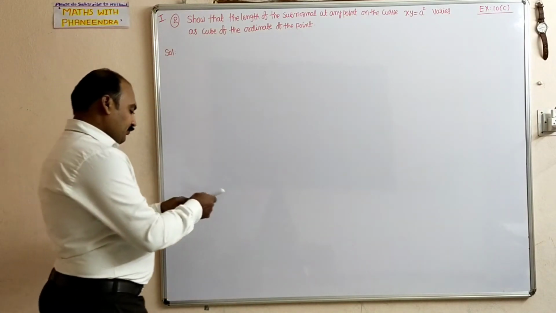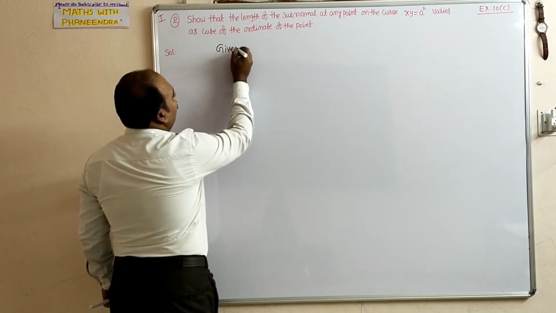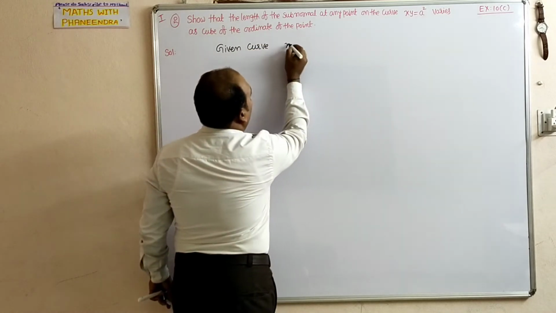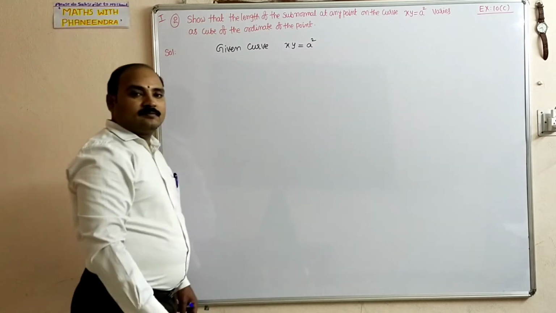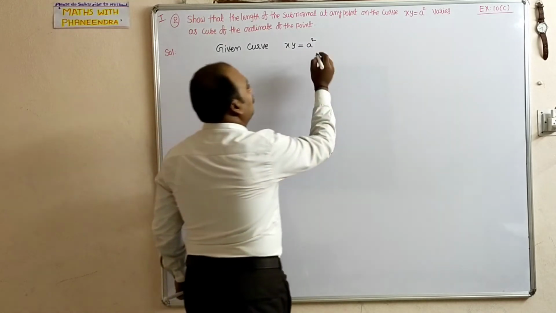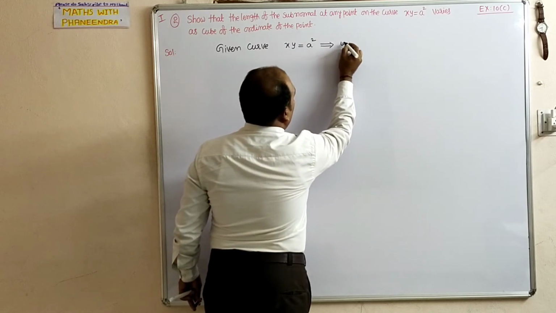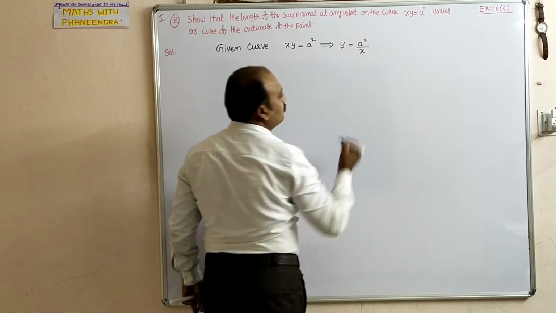See here, first the given curve: xy is equal to a square. From this, make y the subject: y is equal to a square by x.